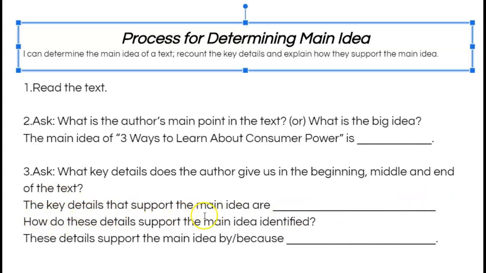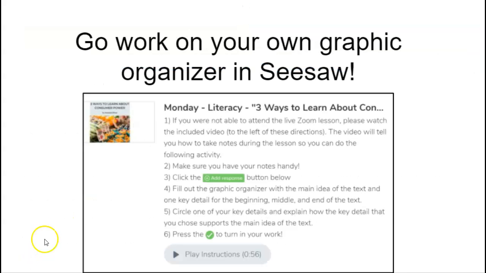And the key details that support the main idea are, well, we talked about several. You could probably come up with others as well. How do these details support the main idea identified? These details support the main idea by or because, and I talked about that as well. All right, so now it's your turn. You're going to get to go work on your own graphic organizer in Seesaw.